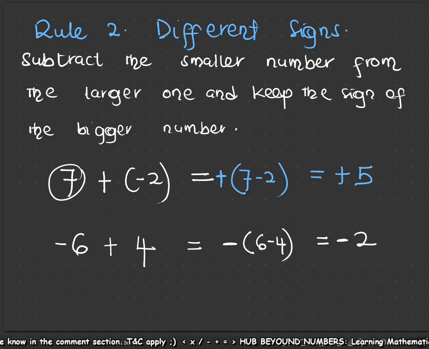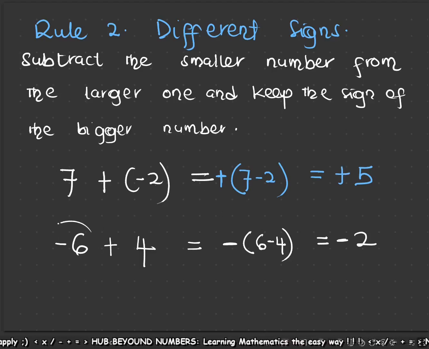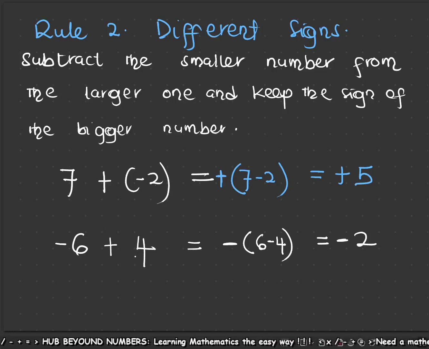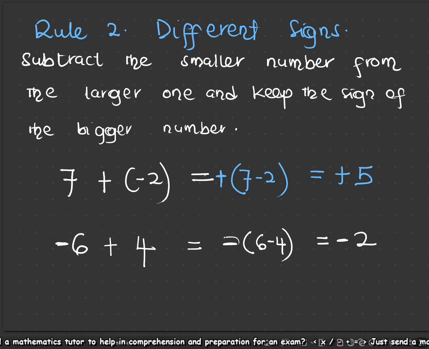Let's attach the sign of the bigger number, which is positive, to it. For this second one, we had negative 6 plus 4. Because there are different signs, it says let's take out the small one, which is 4, from 6. So now we have 6 minus 4, as you see over here. Then our final answer should take the sign of the bigger number, which is negative. That is how we use the rules to add integers.